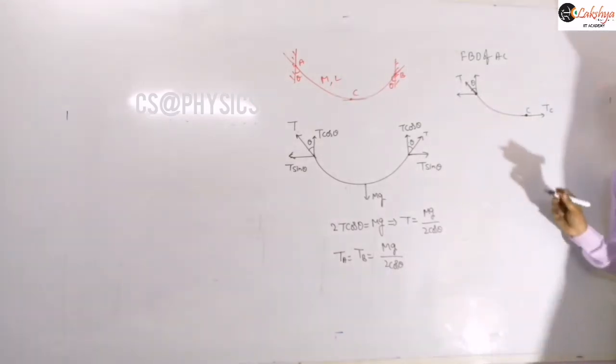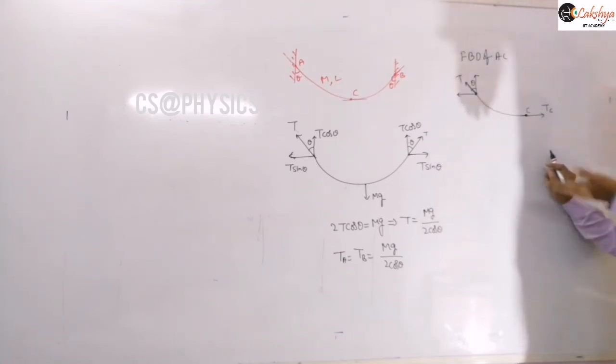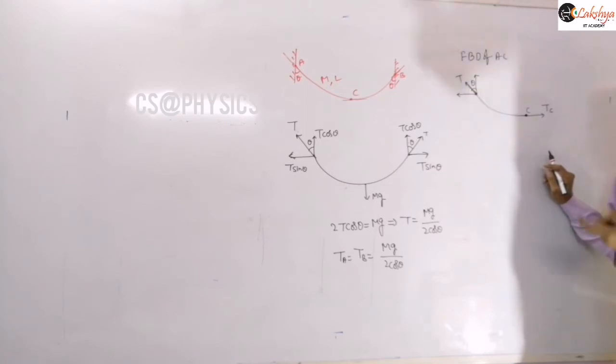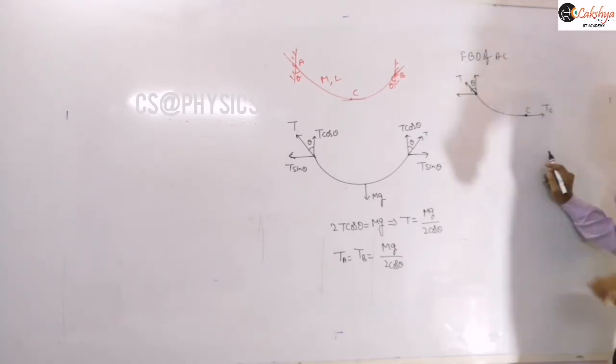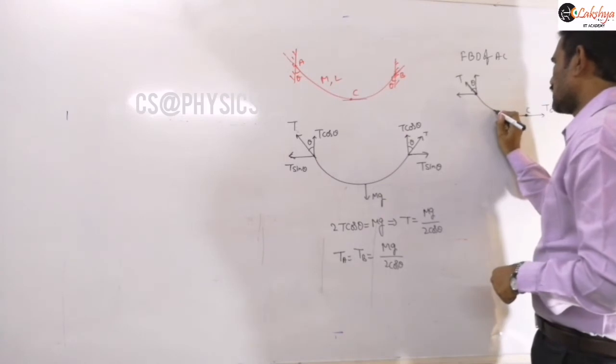Is it clear? So C is our lowest point, and the tension at the lowest point is along the horizontal direction. Are there other forces acting on the string here? What is the other force? The weight of the string. Only the weight of this half of the string, because we consider only this half, acting somewhere at the center.